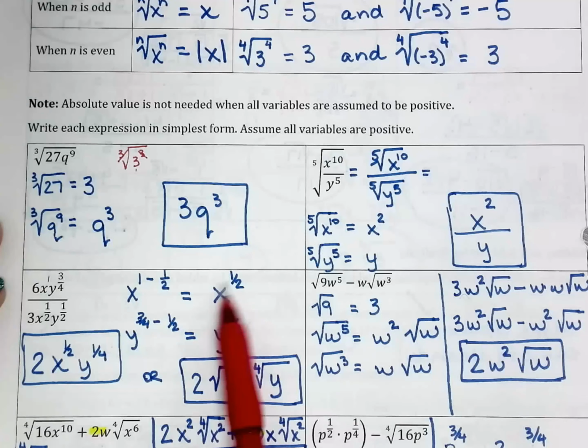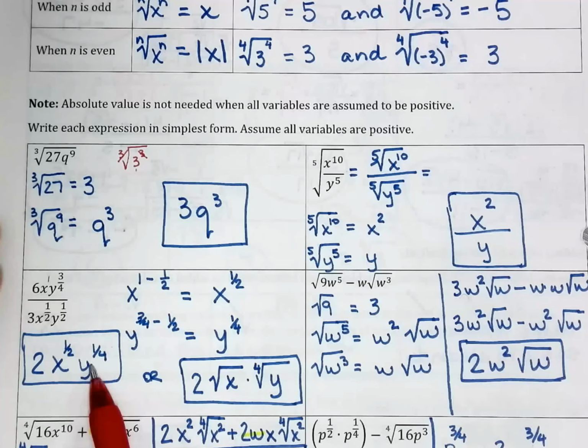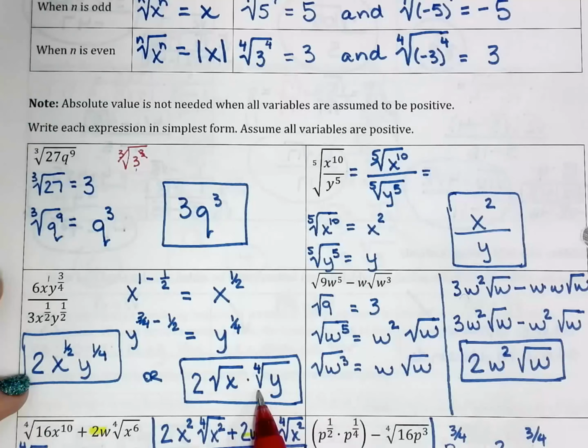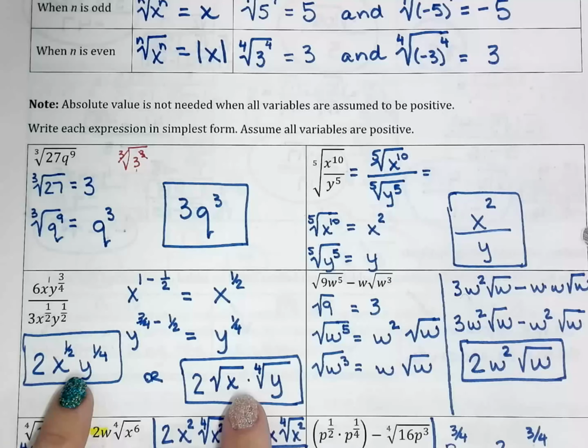Now I just need to remember that they're positive, so they're both in the numerator. You can leave it here, or you can change it from the rational exponent to the radical. It doesn't say we need to change from one form to the other, so in this case, both answers are correct.